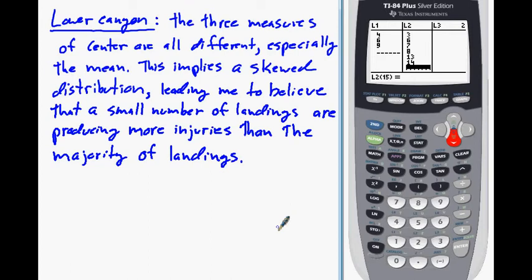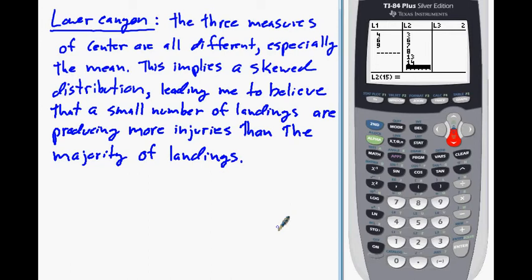This, of course, is very important if I am the operator of a tourist company. I need to make sure to identify if there are particular landings that we need to increase our safety measures around.